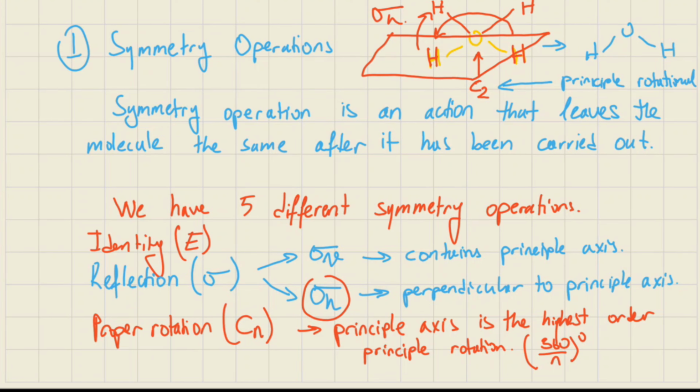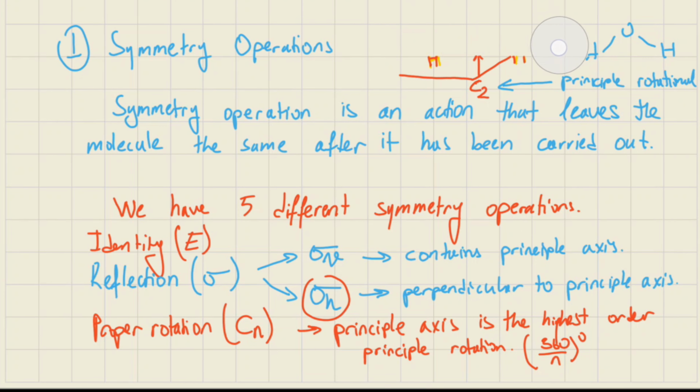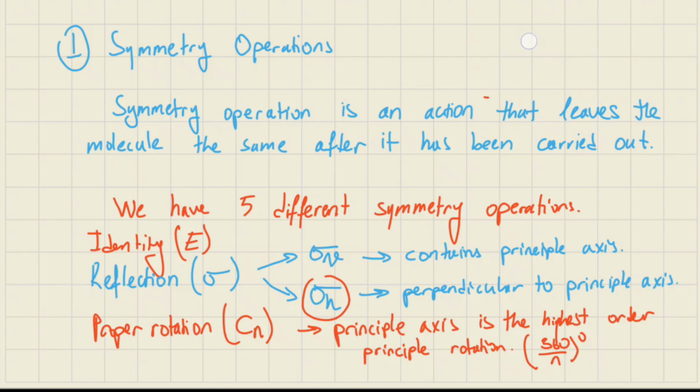But on the other hand, if you try to apply sigma v, we actually have two different sigma v's for the water molecule. So we have water, this is our C2, we have one sigma v, and we also have the other sigma v.